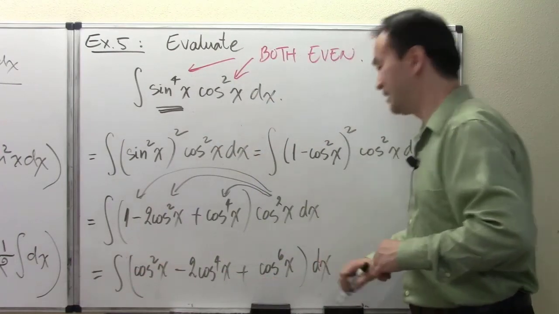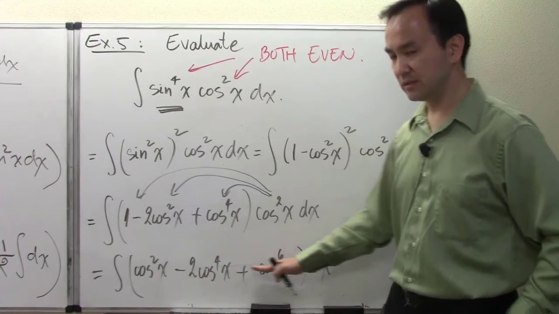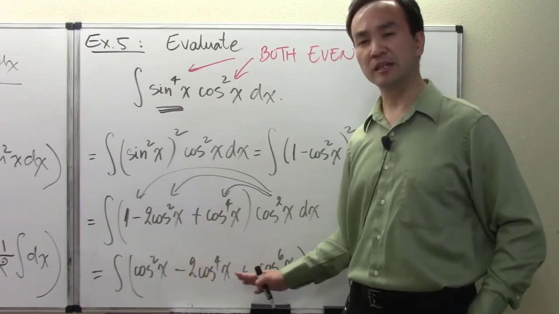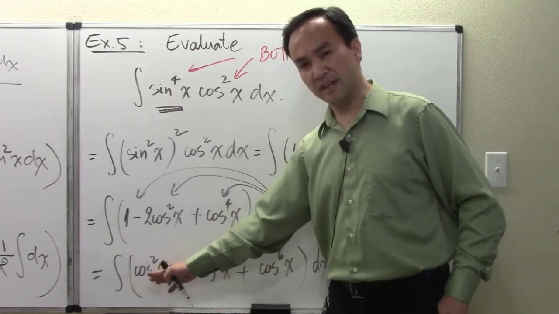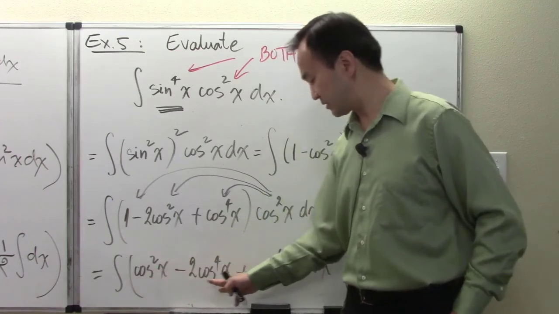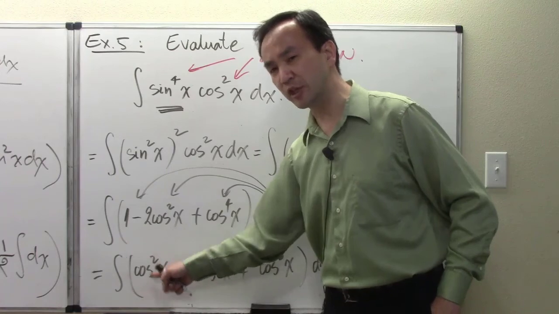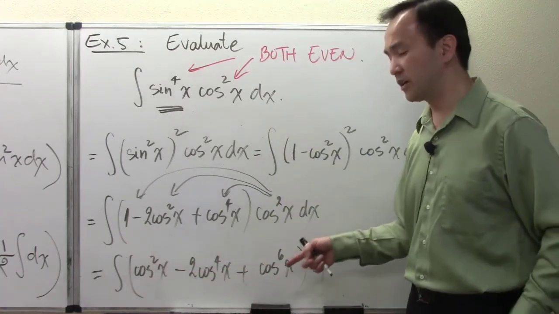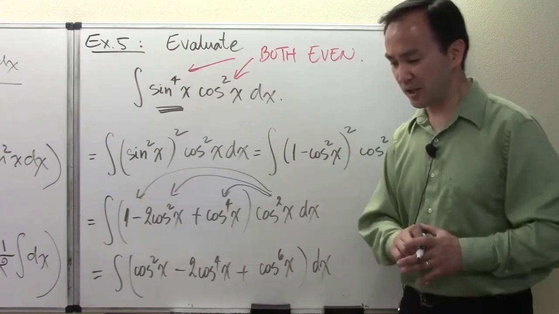dx. So from here we're going to start applying our reduction formula, but this time, since our integral is an integral of 3 terms all in terms of the cosine, we're going to use the reduction formula for cosine.